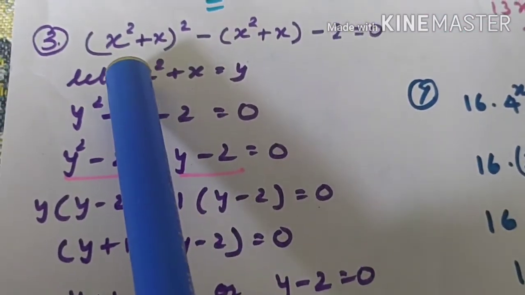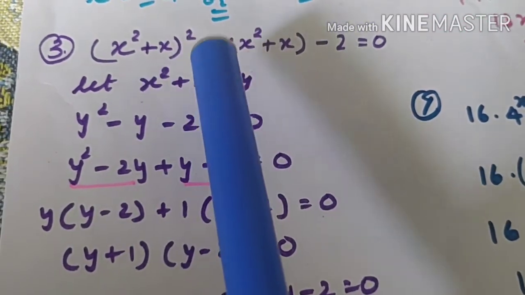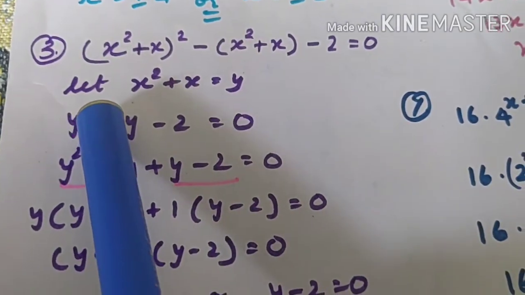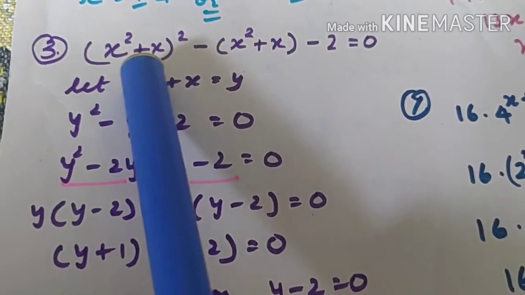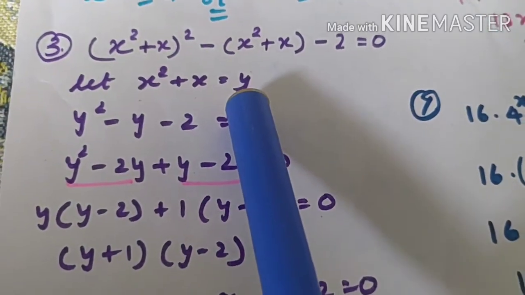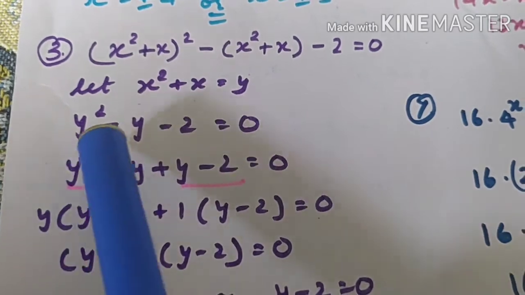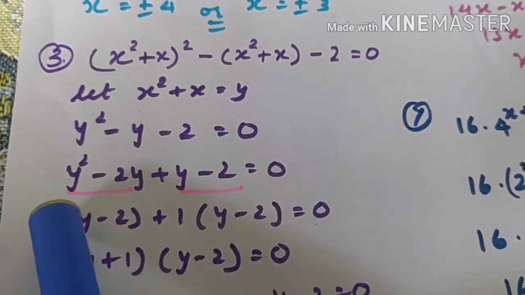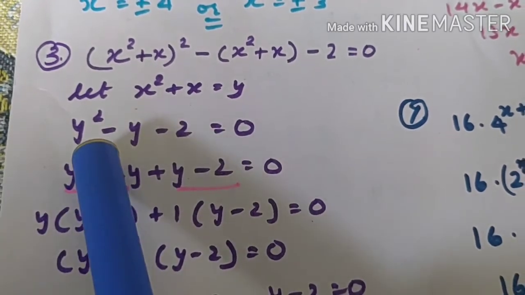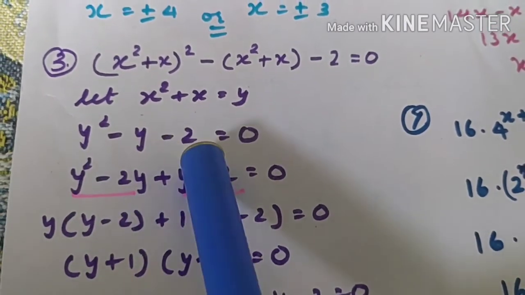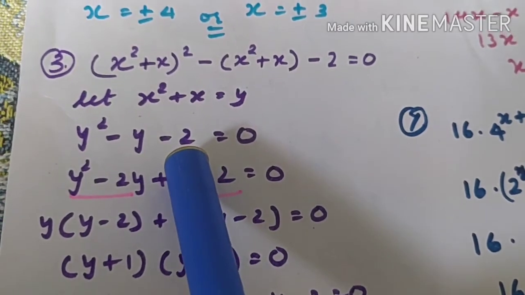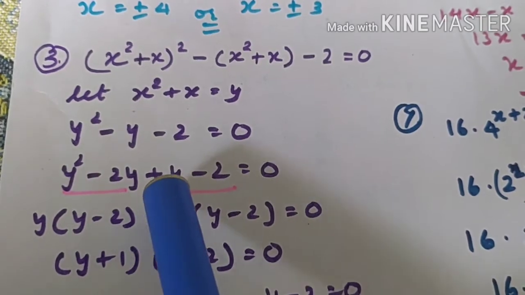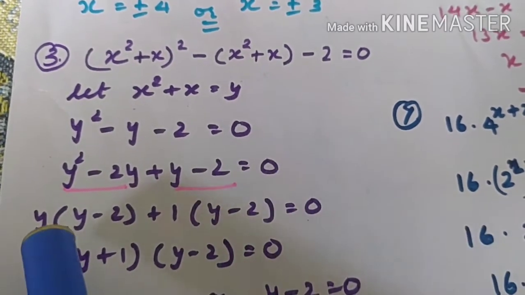Here in this question, x square plus x whole square minus x square plus x minus 2 is equal to 0. So here let the bracket, that is x square plus x, be equal to y. So it becomes y square minus y minus 2 is equal to 0. So I get this equation in my standard form. Now taking factors of 2 to get minus 1: y square minus 2y plus y minus 2 is equal to 0.